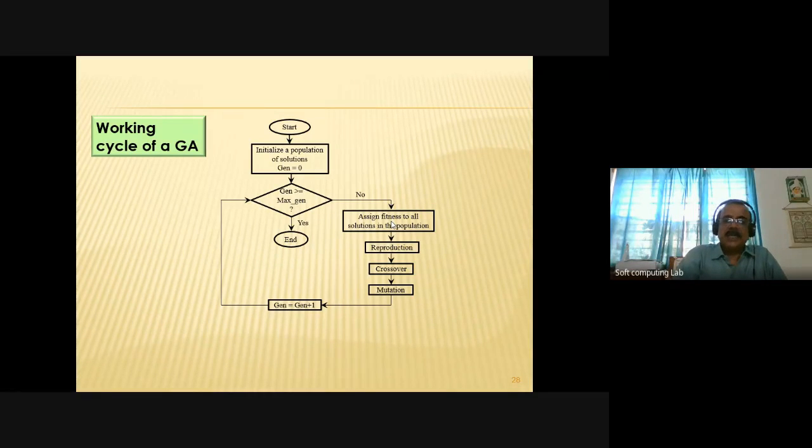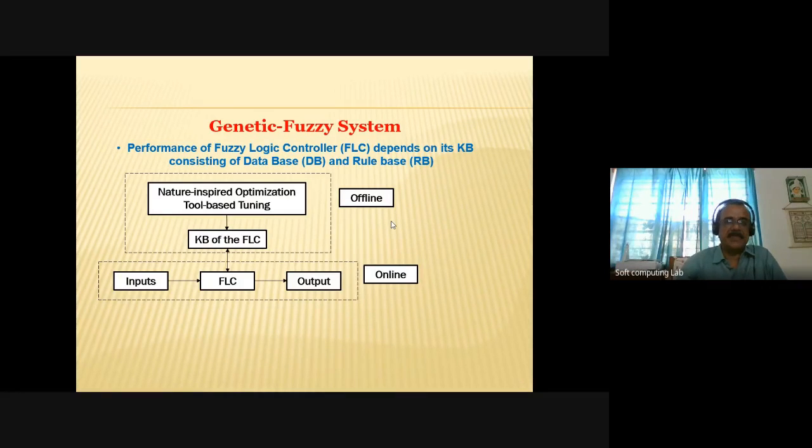Okay, and once you've got the fitness information of the whole population, now we take the help of some operators like reproduction, crossover, and mutation, and the population of solutions will be modified through a large number of generations or iterations. And ultimately, the genetic algorithm is going to find the optimal solutions for that particular problem. Okay, so I am not going to discuss in detail. All such details are available in my textbook and NPTEL. But I'm just going to tell you the philosophy behind that.